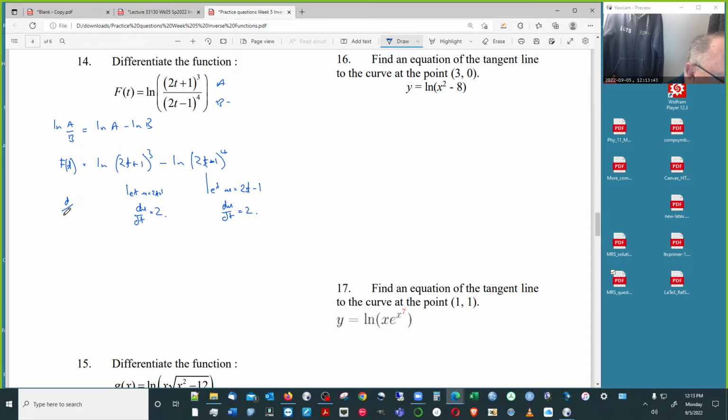Now that's a double chain, is it? I think I had to do that because we'd be d to u-ing the ln of u. So I think this is a double chain, so I've jumped the gun there.